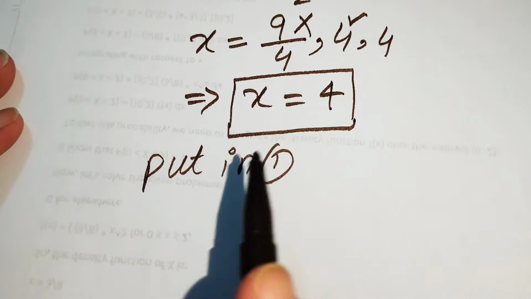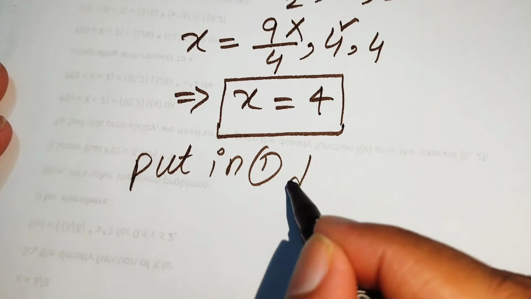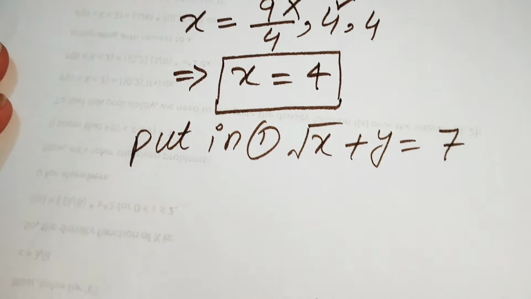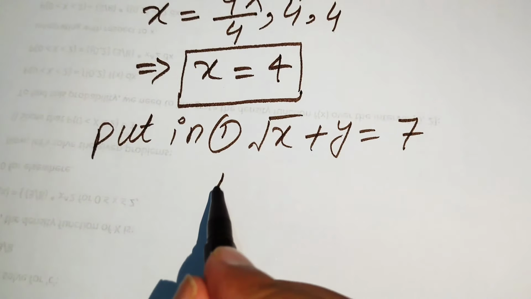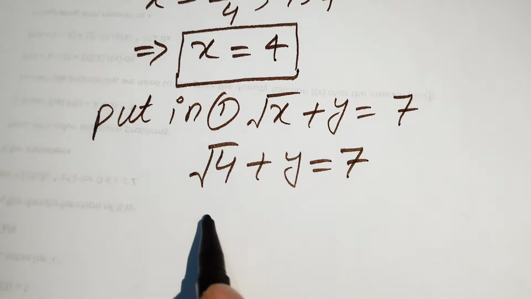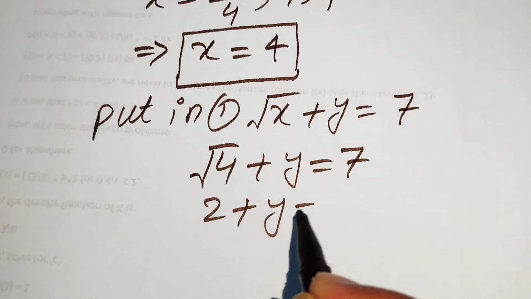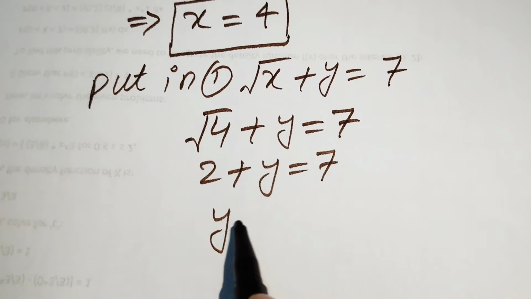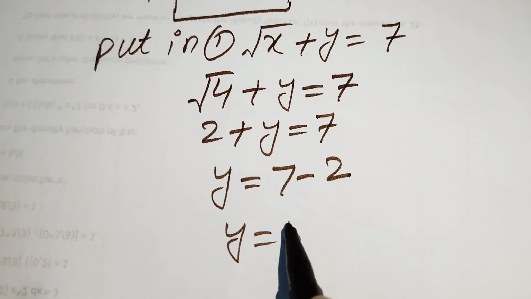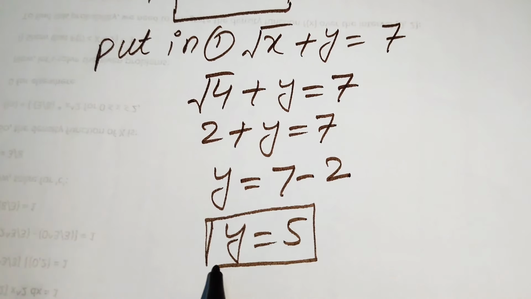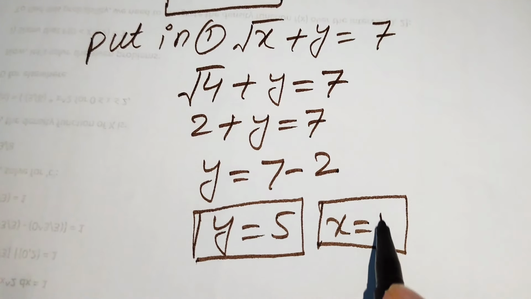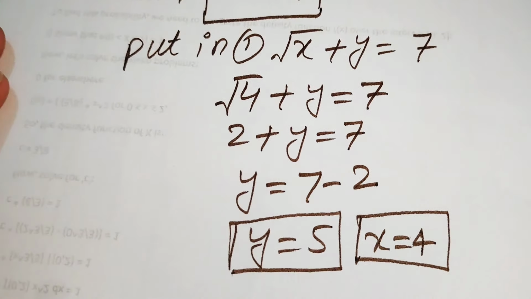So when you put this value in equation number 1, you get square root of 4 plus y equals 7, and this is 2 plus y equals 7, and here we get the value of y equals 7 minus 2, so y equals 5. So these are the values of x and y, and this is the final answer of this question.